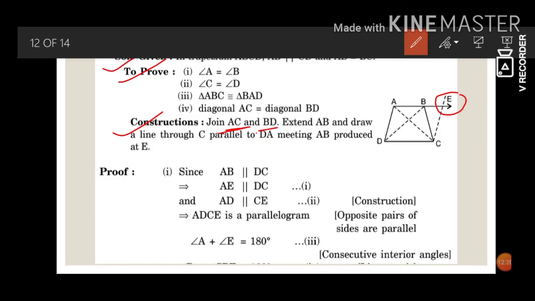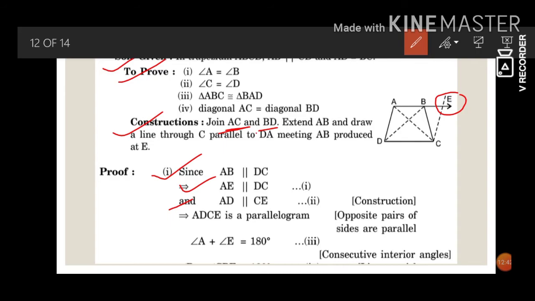Now the first one is to prove angle A is equal to angle B. We know that AB is parallel to CD, and that will give us AE is parallel to CD, since E lies on the straight line AB. And by construction we have taken that AD is parallel to CE.